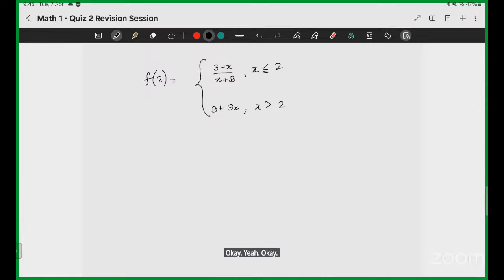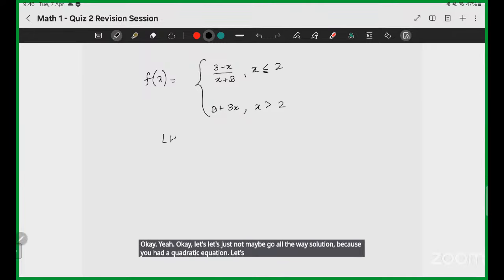Okay, let's just not maybe go all the way with the solution because you'll get a quadratic equation. Let's just discuss the idea and move on.